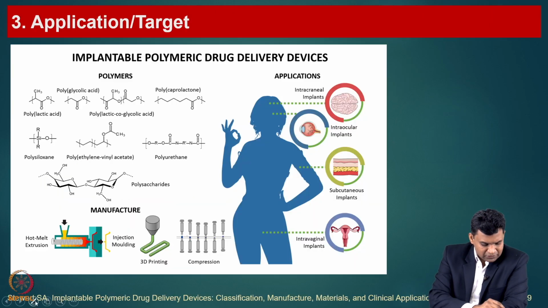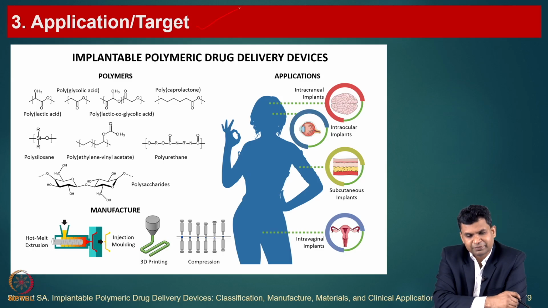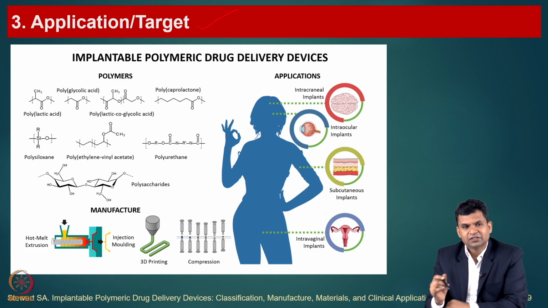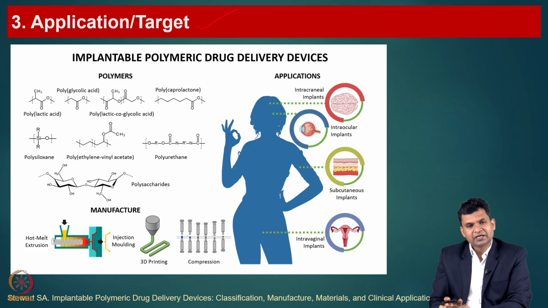Now, the third class is based on the target or the application. We already discussed in our previous lecture in the introduction of the implant drug delivery systems. There we discussed the role of implants and also the various applications we have discussed in cancer, also chronic diseases, and also we have seen some hormone replacement therapy.